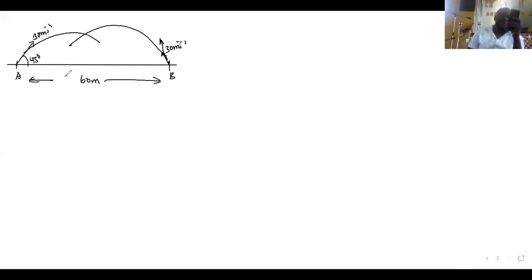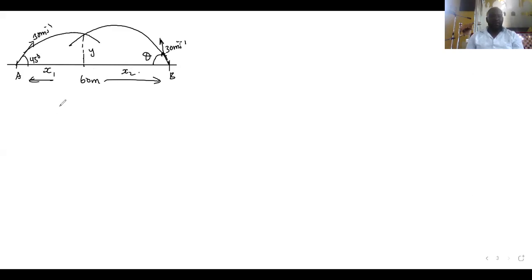At the same instant, a particle is projected from B towards A with the same initial velocity. Same initial velocity, but they have not told you that it's the same angle. Find when the particles collide and the height above the level AB at which they collide. So they are colliding at a height Y, which is the same distance x1 away, x2 away.